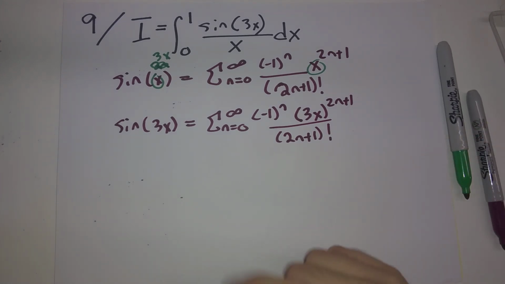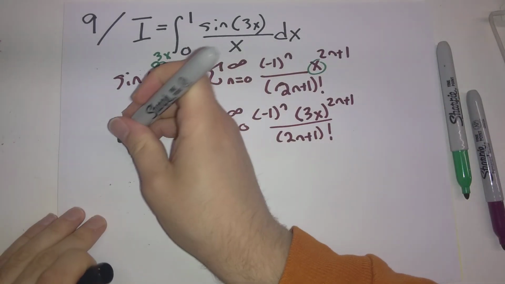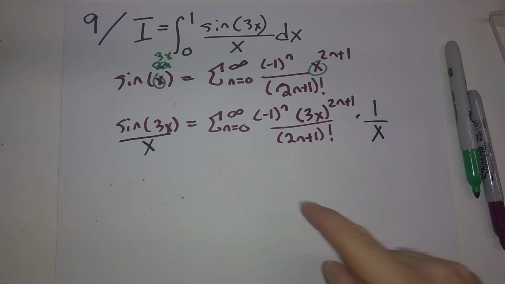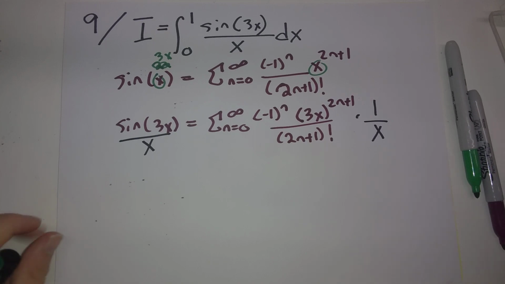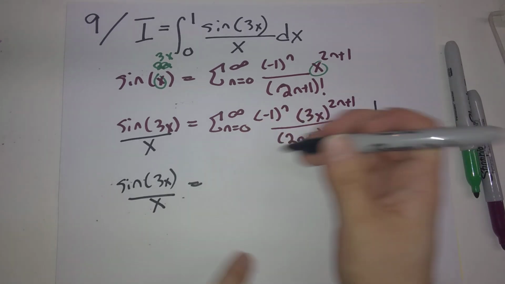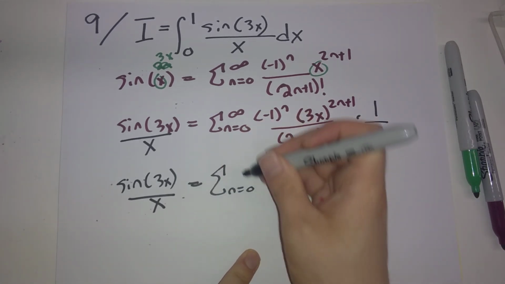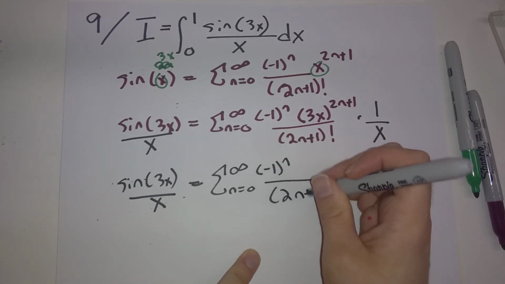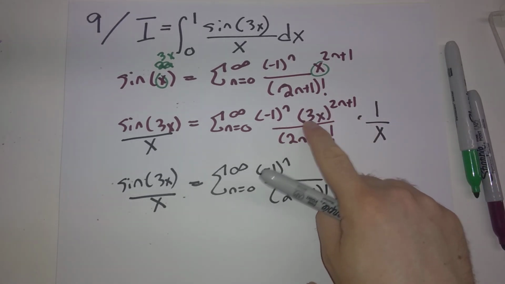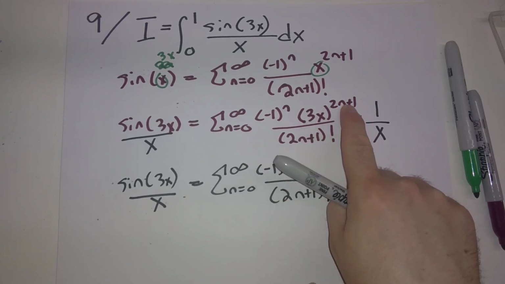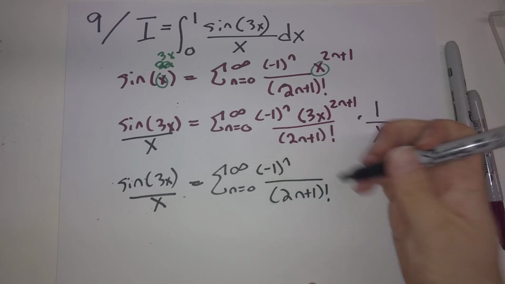Okay, at this point then, I'm going to divide everything by x here. And so what effect is that going to have? Well, sine of 3x divided by x is going to equal the sum n from 0 to infinity of minus 1 to the n divided by 2n plus 1 factorial. I'm going to split this chunk up. 3x to the 2n plus 1 is going to be 3 to the 2n plus 1 times x to the 2n plus 1.